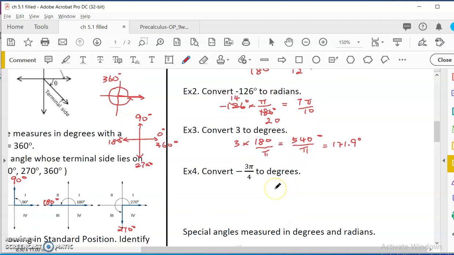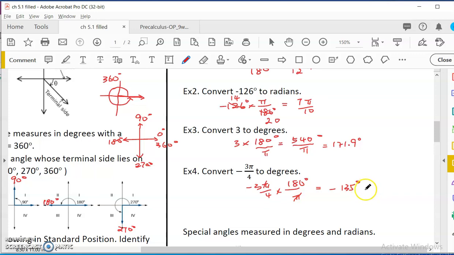Convert negative 3 pi over 4 to degrees. So you can do negative 3 pi over 4 times 180 degrees over pi. The pi and pi cancel. Basically, you would do 3 times 180 over 4. That is negative 135 degrees.